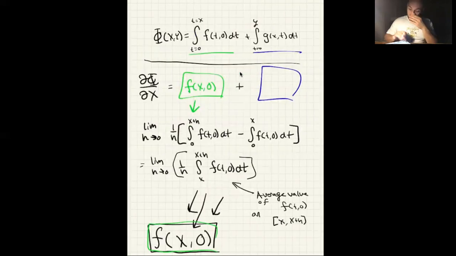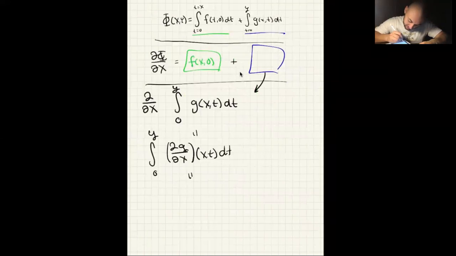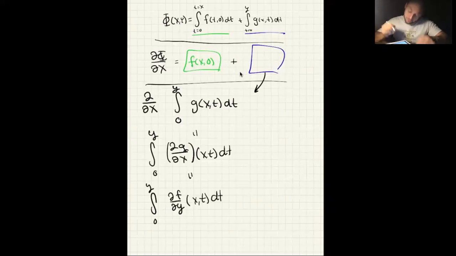So let's replace that. This is the integral from 0 to y of the partial of f with respect to y at (x, t) dt. And if you can believe it, it's a single integral of a single derivative.